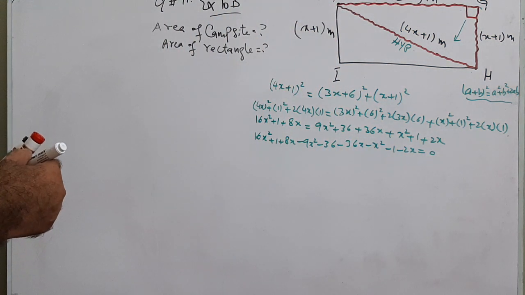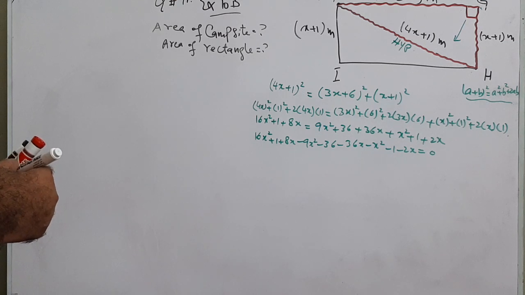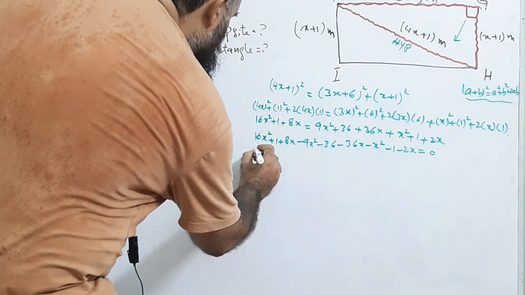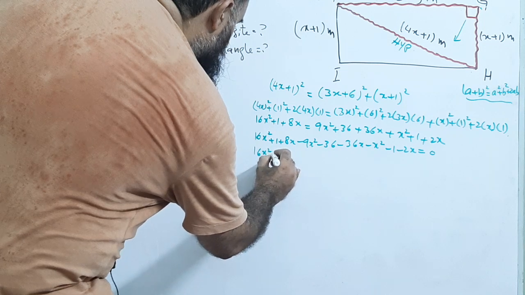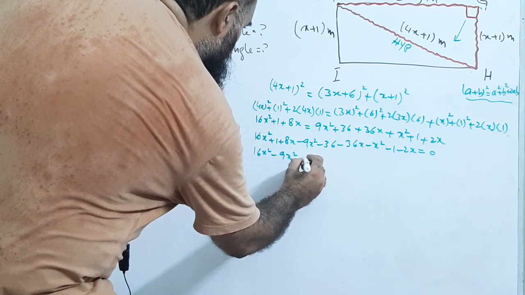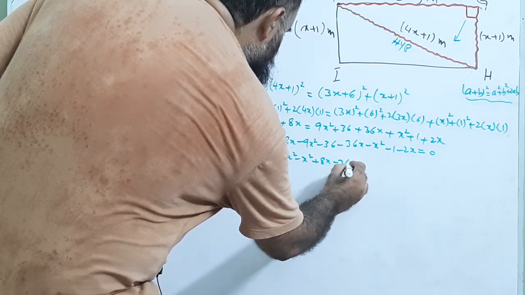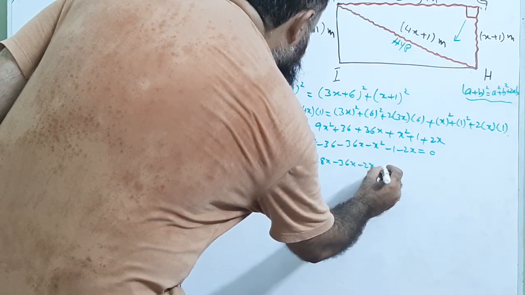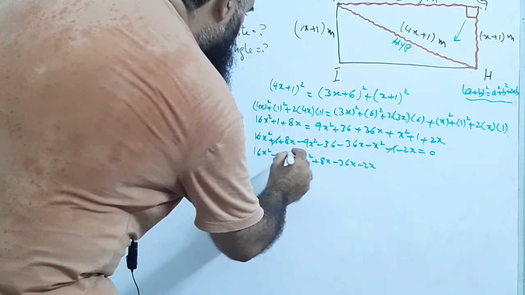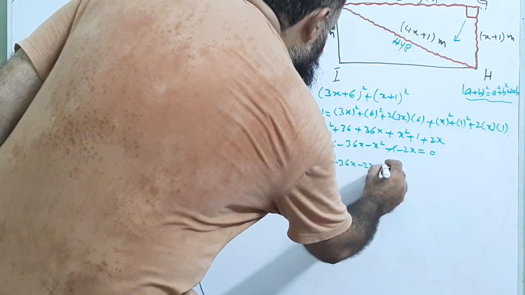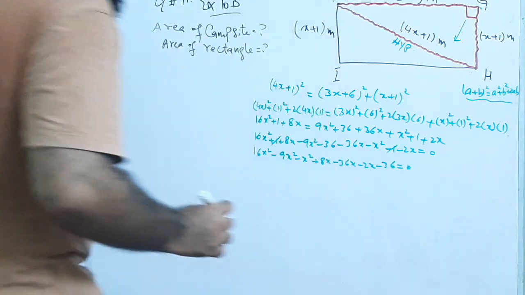Now we will bring together the values of the same powers. 16x square minus 9x square minus x square, plus 8x minus 36x minus 2x. The plus 1 and minus 1 will be cancelled. Minus 36 is equal to 0.